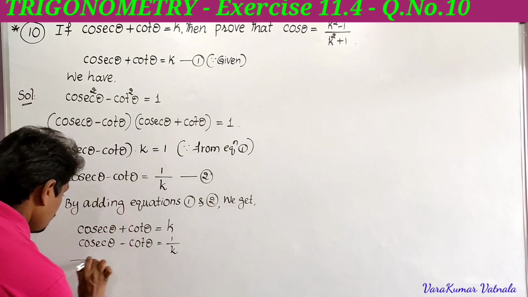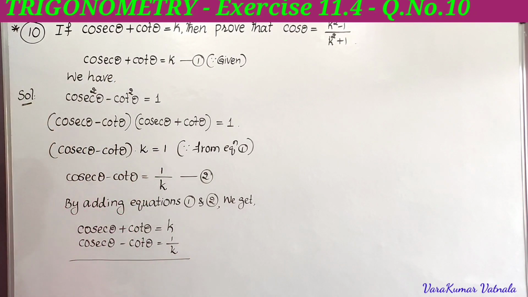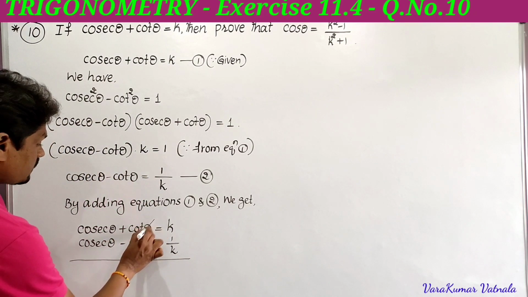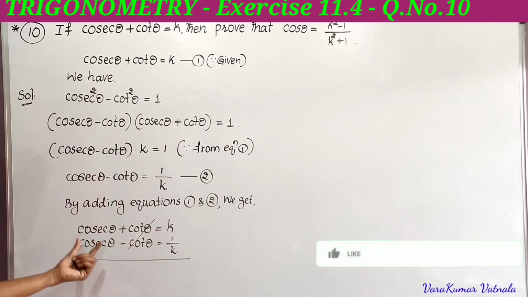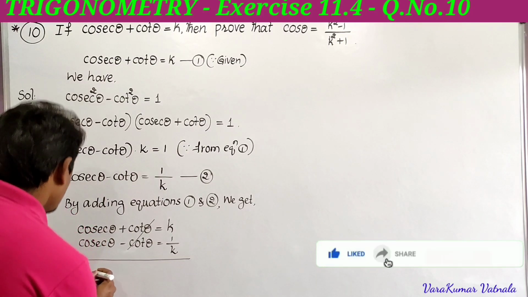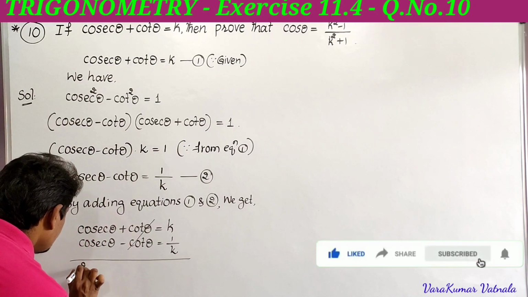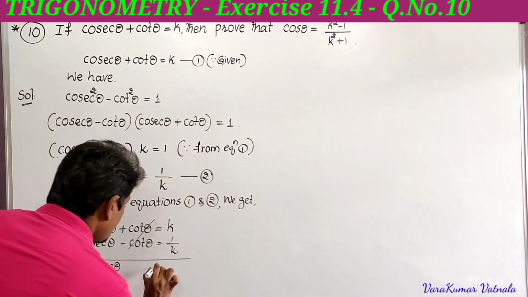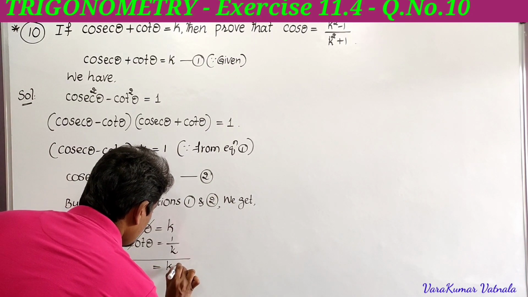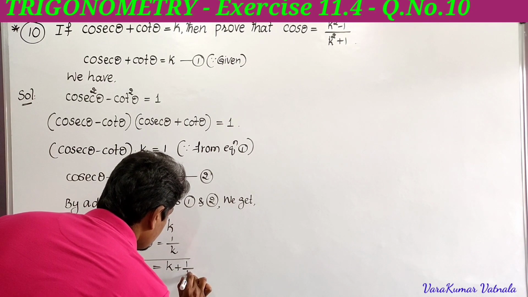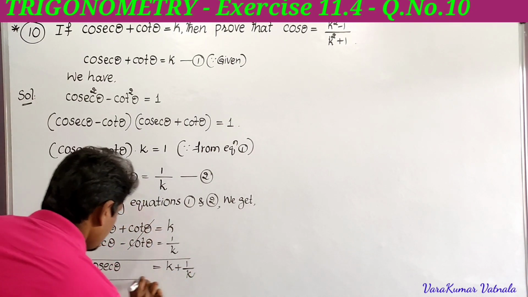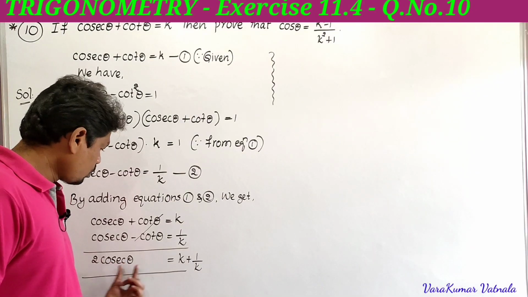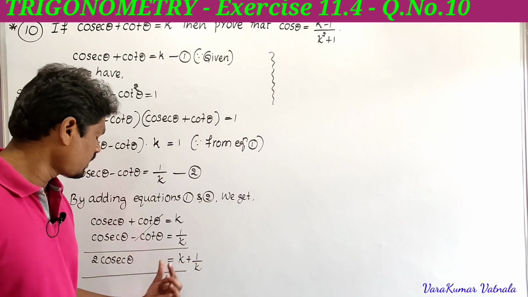So just we have to add these two equations. Plus cot theta minus cot theta gets cancelled. Cosec theta plus cosec theta, 2 cosec theta, is equal to k plus 1 by k. So 2 cosec theta equal to k plus 1 by k.